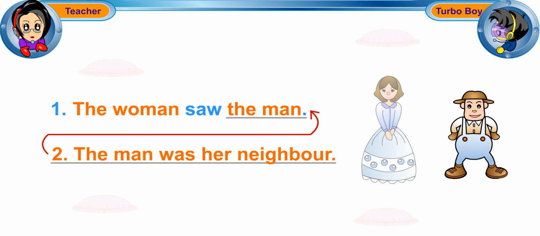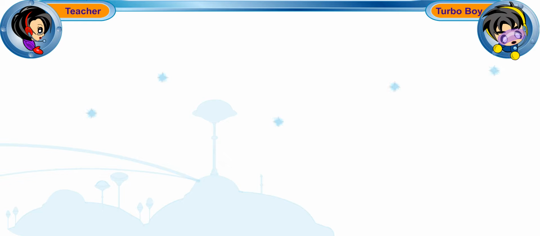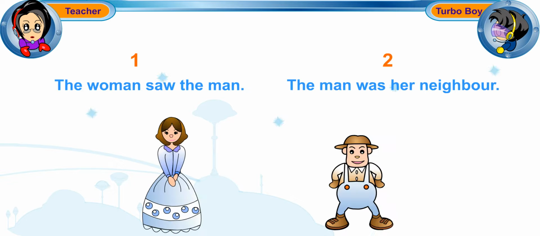Now, can you remember what we must do to join 2 sentences together? We use the glue word, a relative pronoun. Very good. Let's learn to join up these 2 sentences step by step. First, put the glue word, the relative pronoun, between the man and the second sentence.